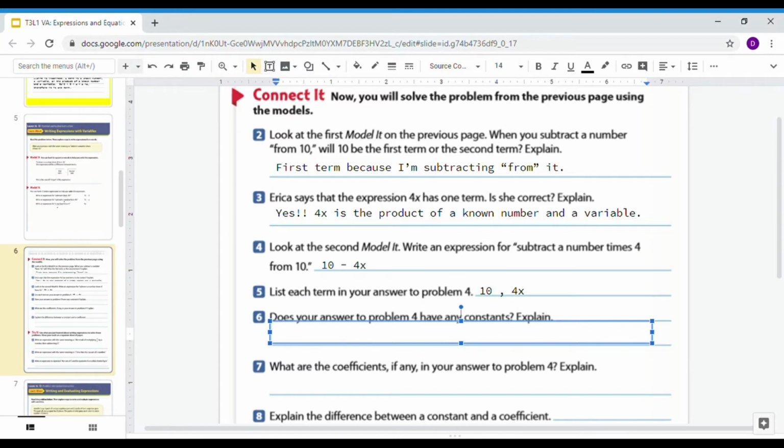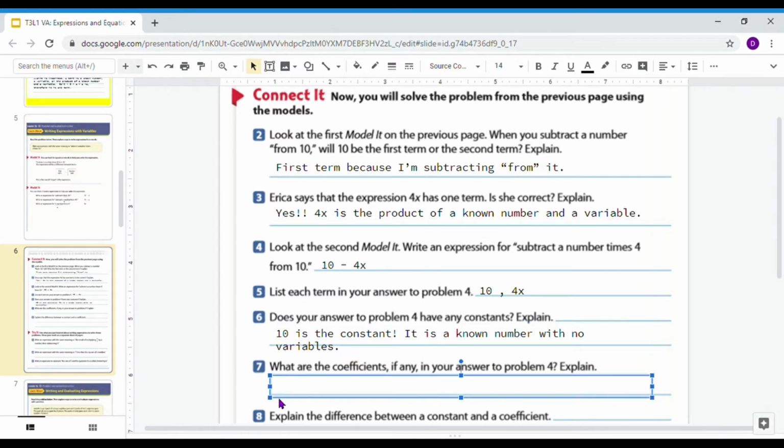Does that mean that it's still a constant? Yeah, 100%. As long as it's all by itself, it doesn't matter where it is in an equation. If it's all by itself, it's a constant. So in this case, 10 is our constant. 10 is the constant. It is a known number with no variables. Remember, a variable is a letter. So if it doesn't have any variables and it's a known number, it's a constant.